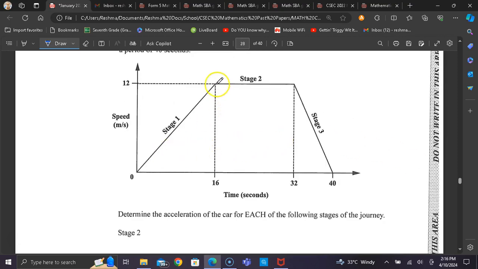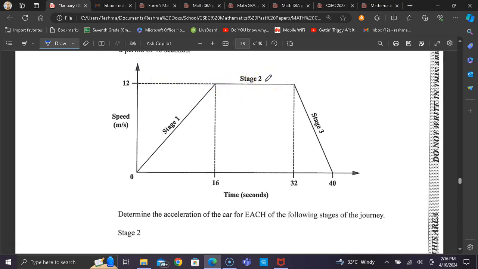So for stage 2 of the journey, you realize that this part of the graph is a horizontal line, meaning that the velocity or speed is constant during this stage between 16 and 32 seconds. So when the speed is constant, it means that there's no change in speed.